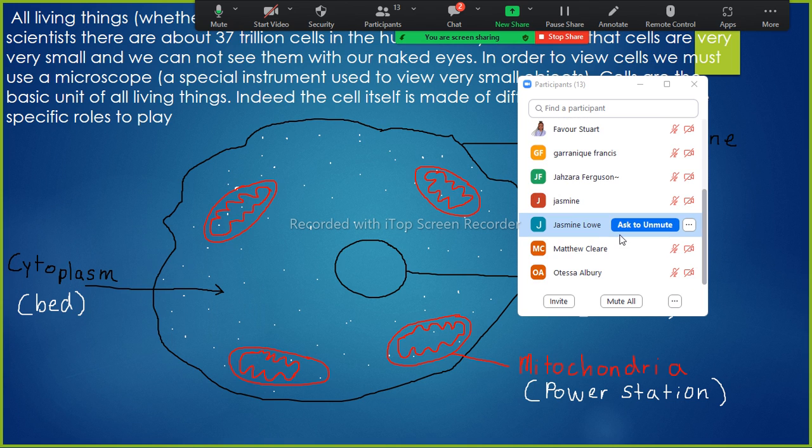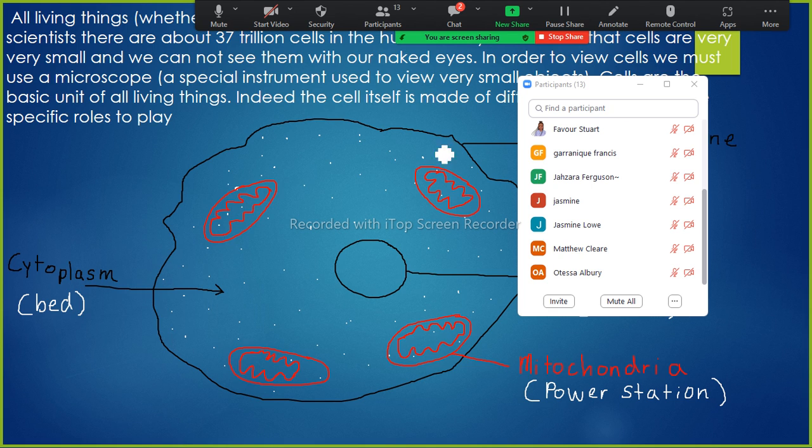Chris, you understand that? Yes, sir, kinda. Okay. So what do we call these red stuff? Chris Rami, what do we call the red stuff? Mitochondria.